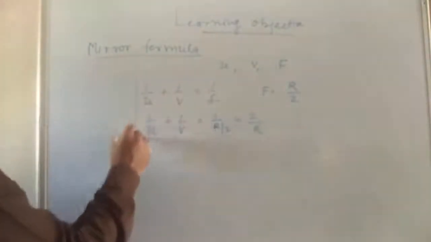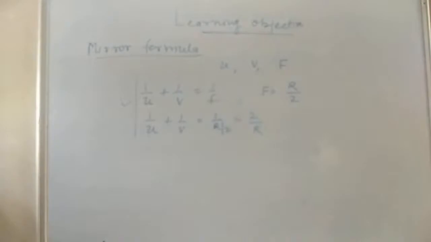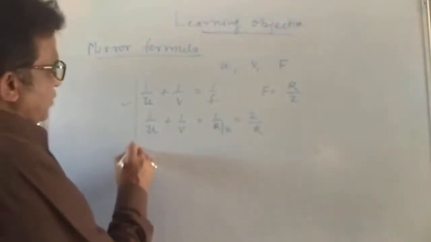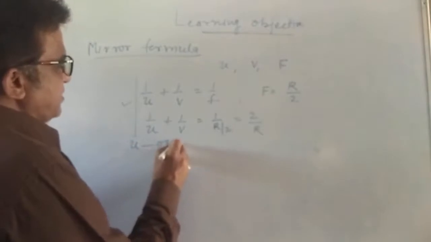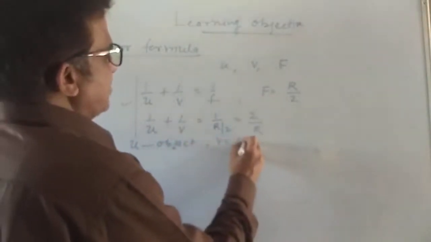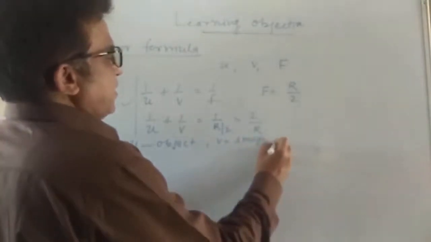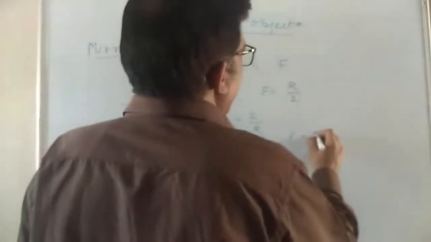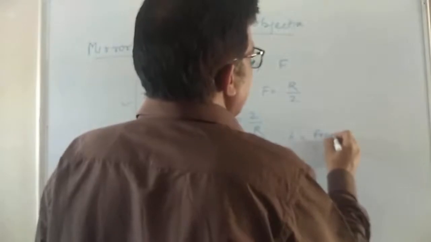It's very important from the numerical point of view. Again I am repeating, u is the object distance, v is the image distance and f is the focal length.